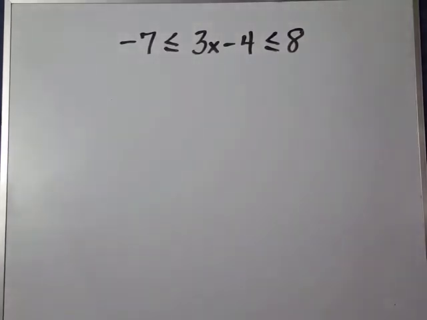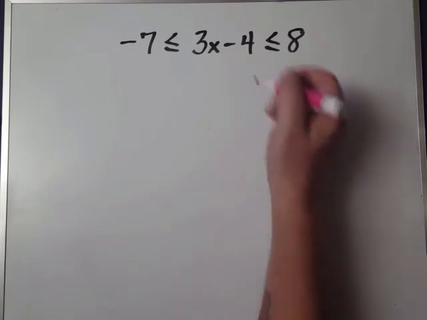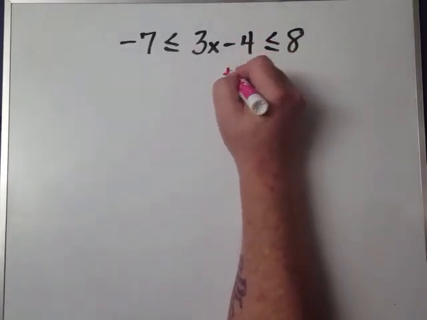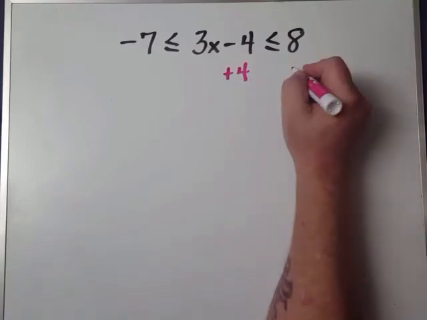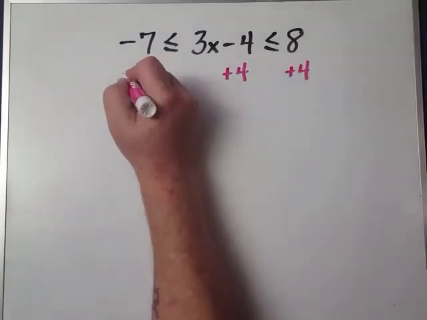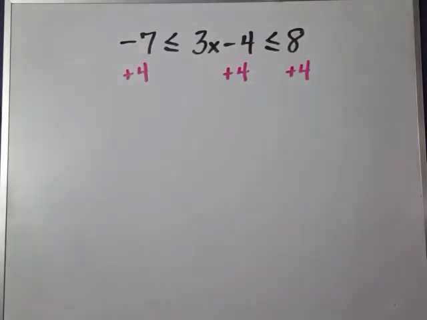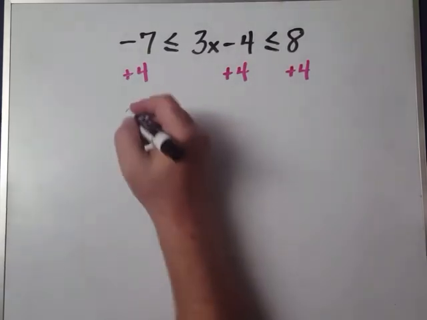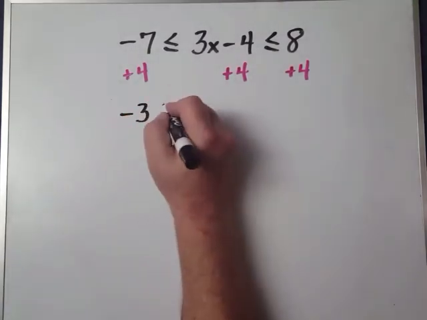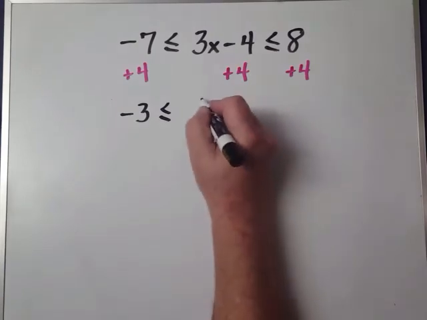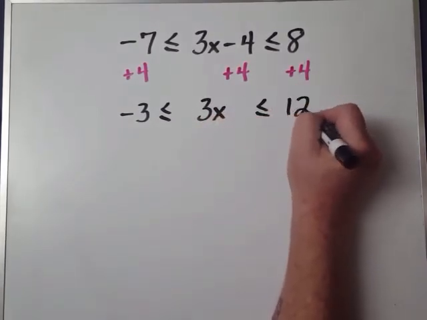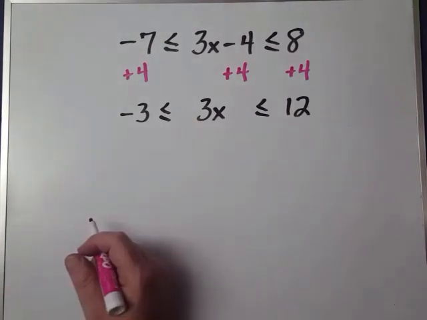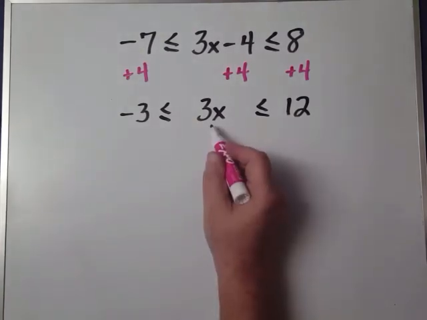Our goal is to get x by itself in the middle. Let's add 4 to that middle. What I do to one part, I must now do to all three parts. This gives me negative 3 is less than or equal to, just 3x now in the middle, is less than or equal to 12. And divide by 3 to get x by itself.